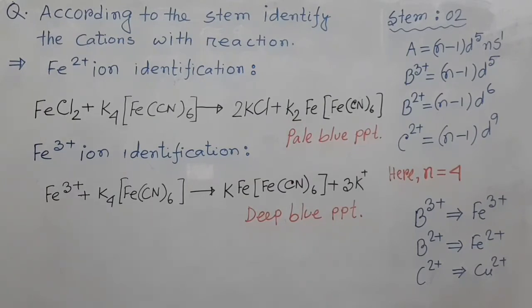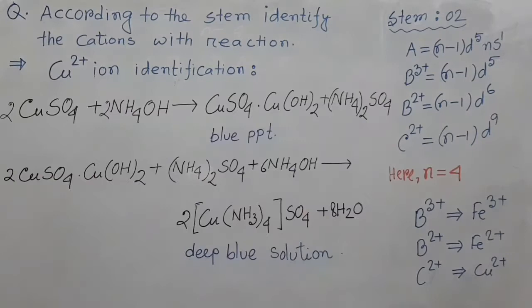If we add a small amount of potassium ferrocyanide solution to ferric ion solution, then a deep blue precipitate is formed. And if we see that a deep blue precipitate is formed, then we can say that that ion is Fe3+, that means ferric ion.